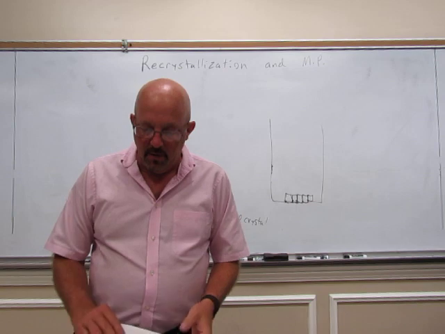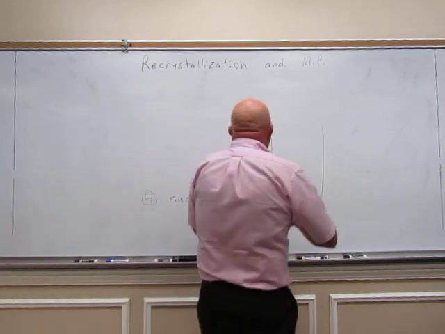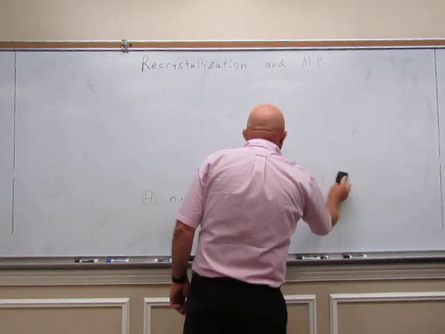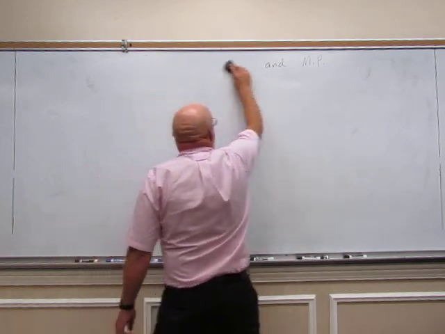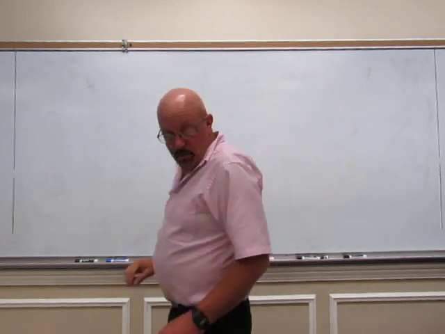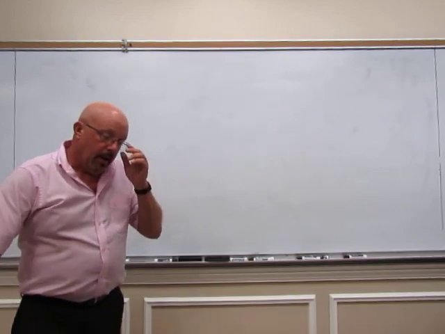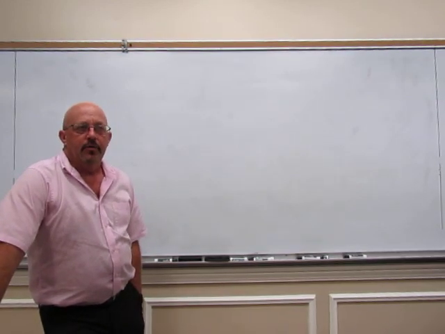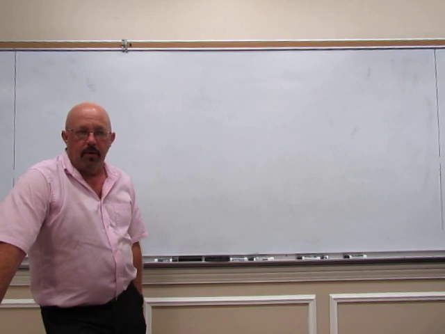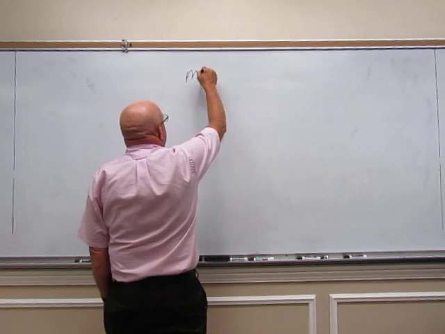Okay, so that's the recrystallization part of the lab. We're going to talk about melting point now. Melting point is really not a good term to describe what we're doing. It's really a melting range.